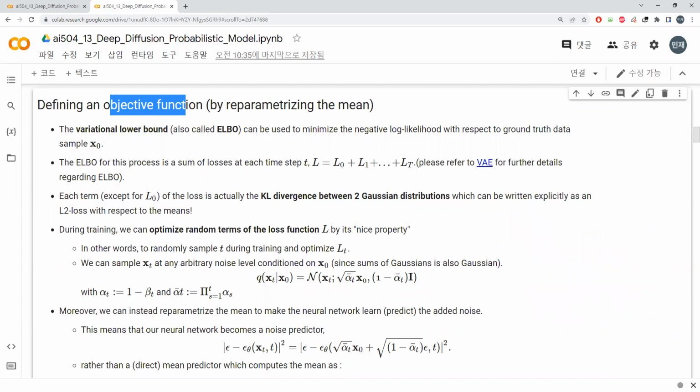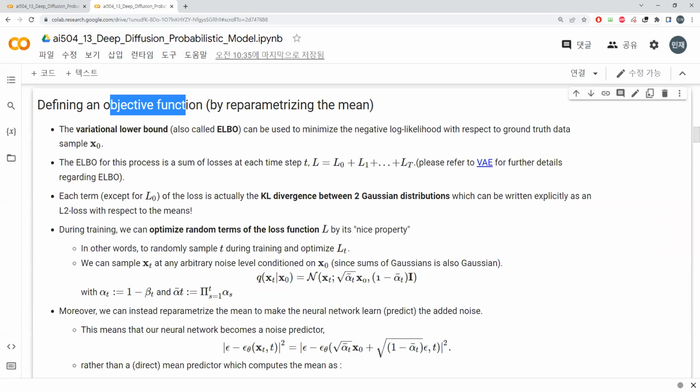And a question. 리버스 디퓨전은 1에서 2스텝이든 99에서 100스텝이든 동일 네트워크. 승민 asked, like, do we use the same neural network?